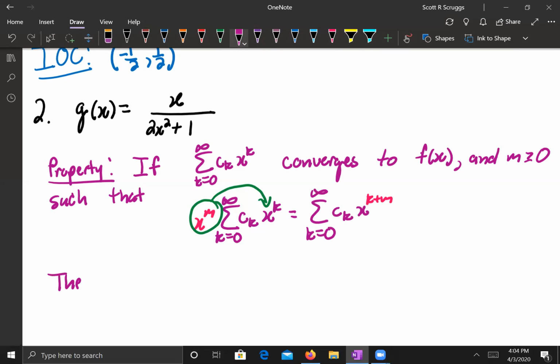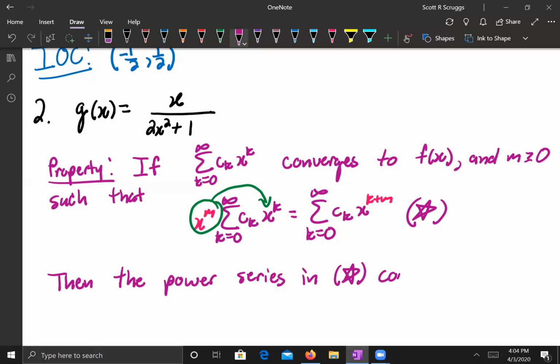Then this power series in star converges to x to the m power times f of x.